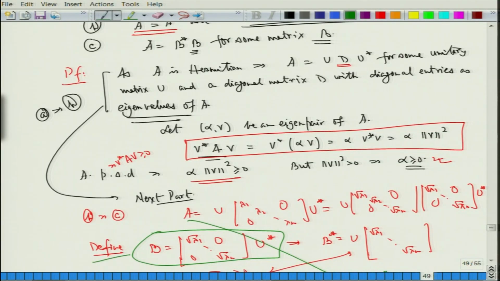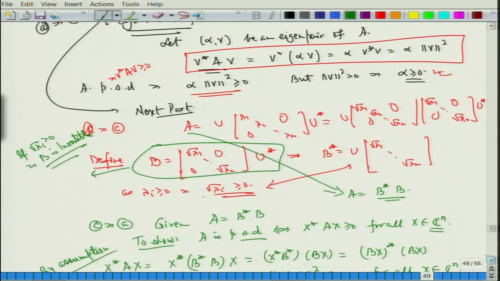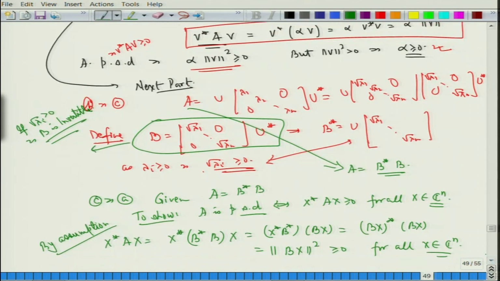So the square root of lambda being positive implies B is invertible. So we get that B is invertible and we have been able to write A equal to B star B. Similarly here also, we are going to assume that this is positive.